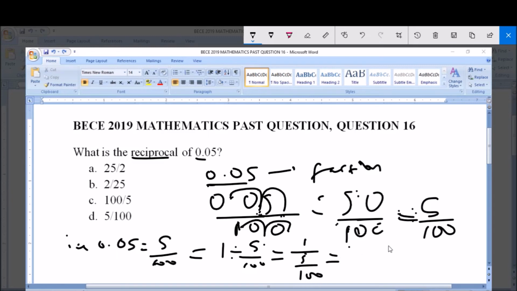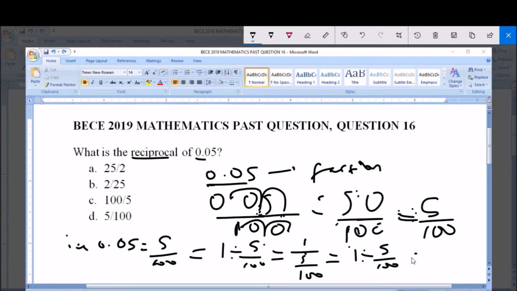And this is equal to, like we know, to simplify our division, we convert the division sign into a multiplication sign. And for us to convert this division sign to a multiplication sign, the denominator here will become the numerator, and the numerator will become the denominator.